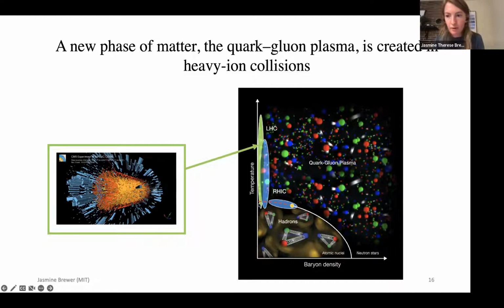So you undergo a phase transition where nuclear matter melts to form the quark-gluon plasma. And this quark-gluon plasma then subsequently evolves and cools until it goes back through this phase transition to hadrons. And it's this phase of QCD matter that, at least, I'm particularly interested in studying using jets.